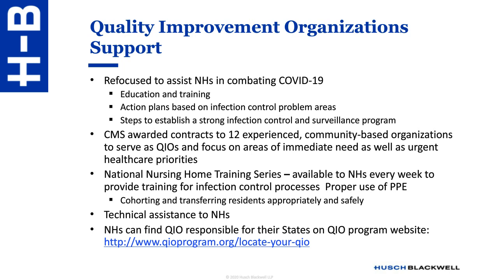They can train your staff on proper use of PPE, cohorting residents appropriately, and transferring residents safely. They can also help you with monitoring compliance with infection control standards and practices in nursing homes.